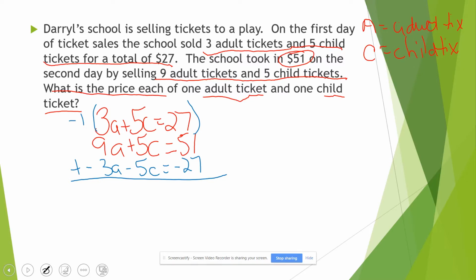So now when I add them together, 9 minus 3 is 6A. These add to 0. 51 minus 27 is 24. Divide both by 6, and A is 4.